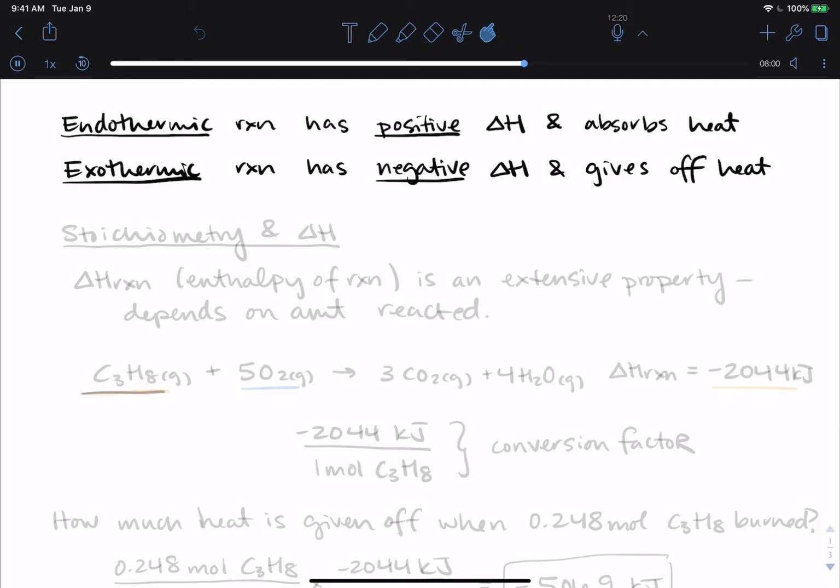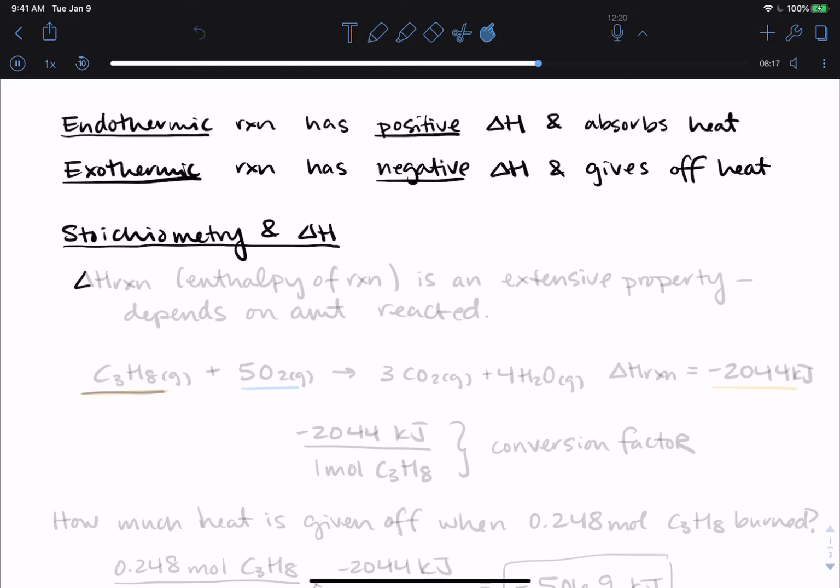So we do need to say a little bit about stoichiometry and how it fits with delta H. It will be exactly like what we saw in our bomb calorimetry example.